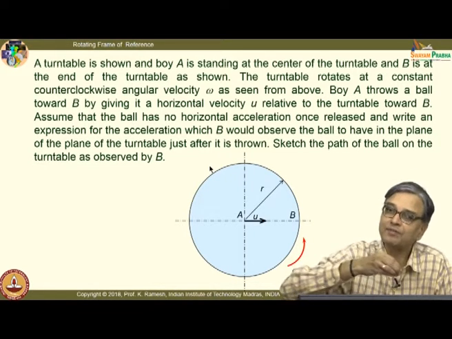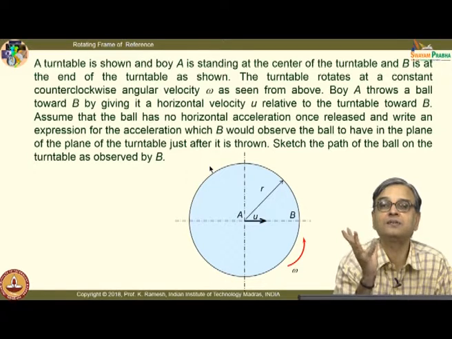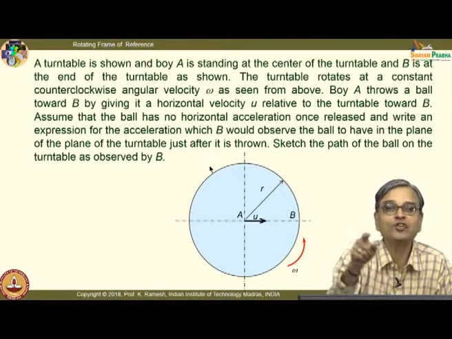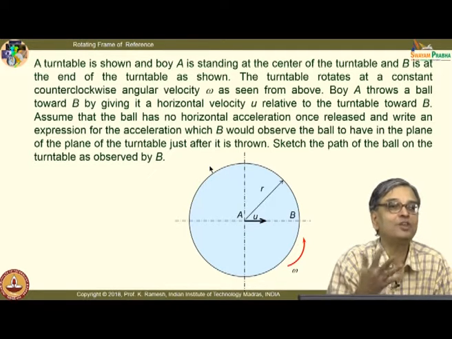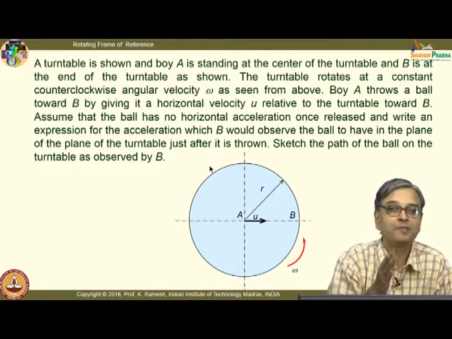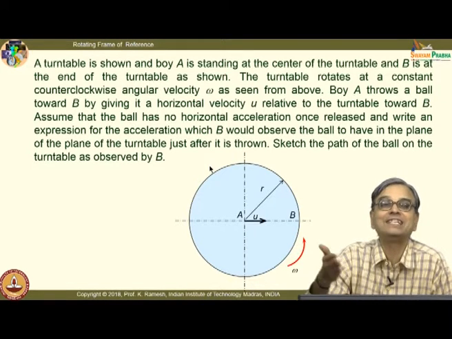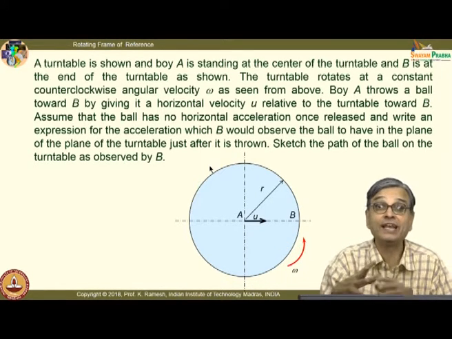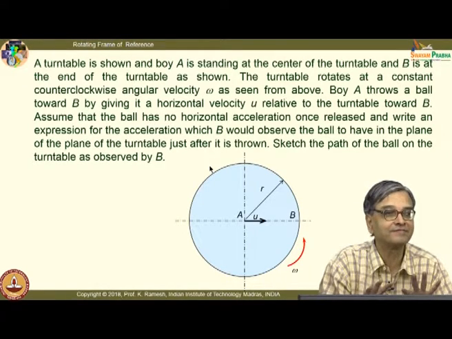It will still have a straight path, but you know very well, because the turntable is rotating, it is not going to reach the person. The person will not be able to catch it, but the person will apparently see that the ball is deviating. It is only a perception from the rotating frame of reference.